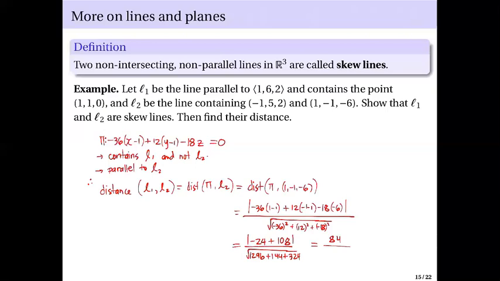So for the denominator, you have 1296 plus 144 plus 324, that's 1,764. And you get the square root of this. I think we can get the square root of that. What's the square root of that? It's 42. So in the numerator, you will have 84, in the denominator, you have 42. 84 divided by 42, this is just 2.